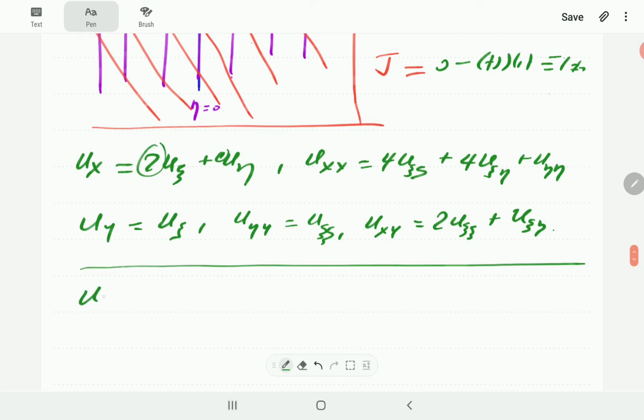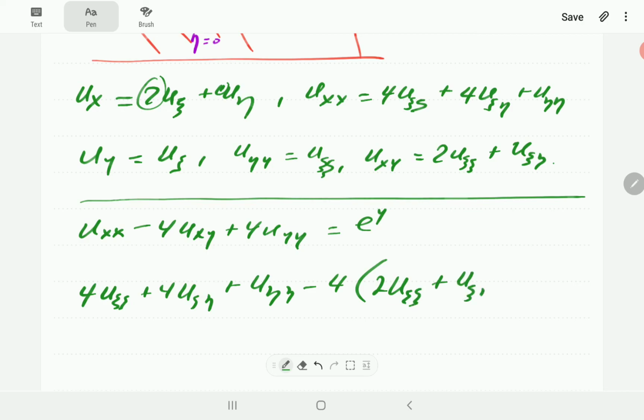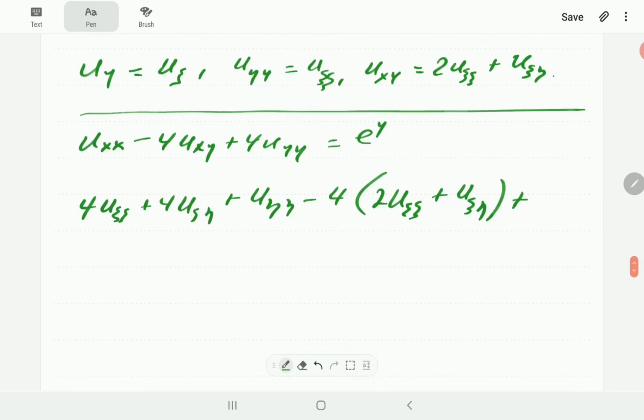Then if we substitute into the ODE this time, this is the ODE, so we are going to get uxx is 4u xi xi, 4u xi eta, u eta eta, minus 4 uxy here, so that is 2u xi xi plus u xi eta, and then uyy is simply u xi xi, so 4u xi xi equals e to the y.